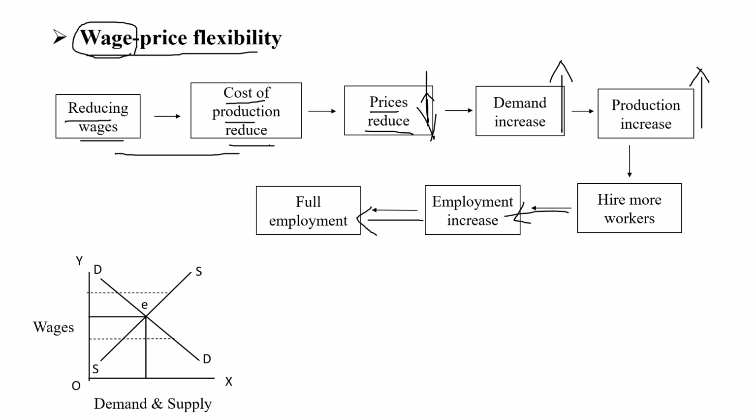So this is one chain. If there is unemployment in the economy, by cutting the wage rate this chain will occur in the economy, creating full employment as per the classical economists.